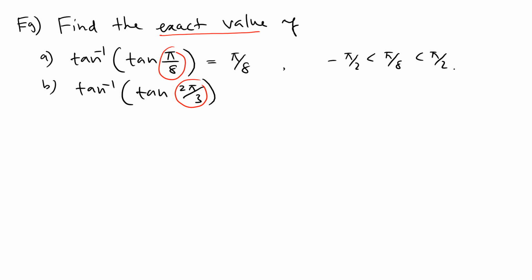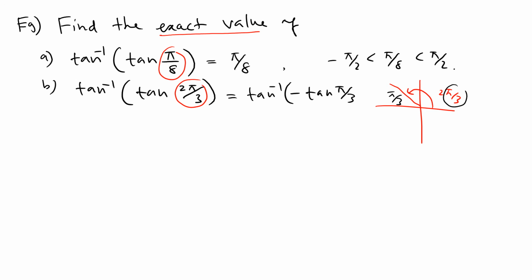So that means we need to use the reference angle method. So we try to find this value first. You can see this is in the second quadrant, so this is 2 pi over 3. So the reference angle is pi over 3. And it's a tan, so it's a negative value. So we can write this one as tan inverse of negative tan of the reference angle.